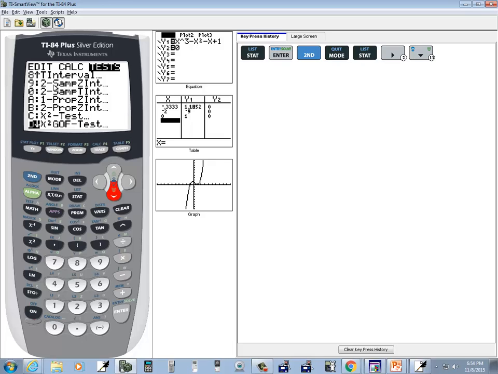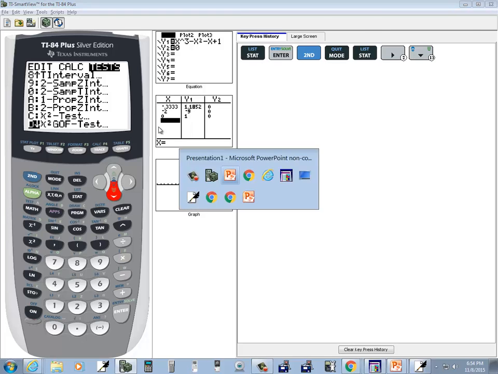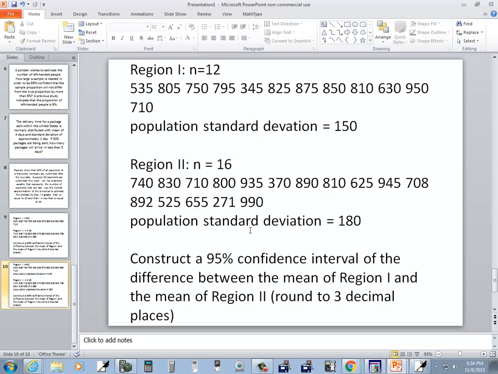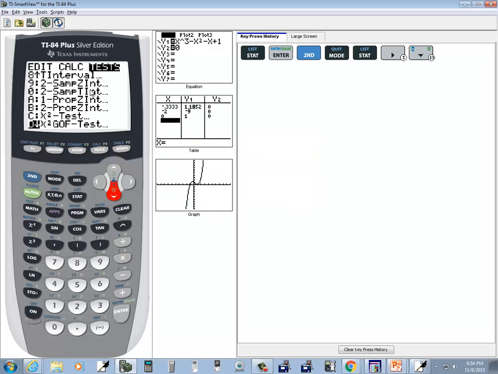Now these 2samp z-int and 2samp t-int are for the differences between means. And if your sigmas are given, then you're going to use z-int. If your sigmas are not given, then use t-int. Well, in this one, we're given the sigmas, population standard deviation. So we want to use 2samp z-int. So choose that one.